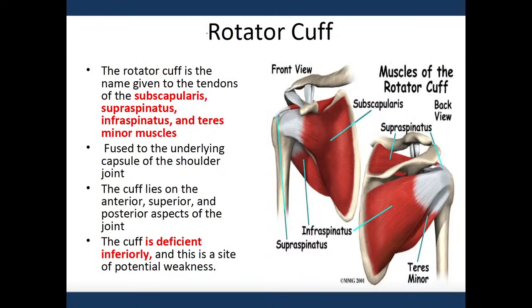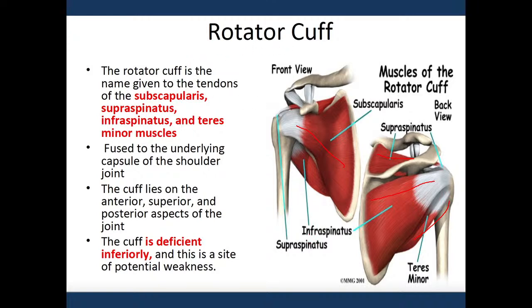When we talk about rotator cuff, we mean 4 muscles: subscapularis, the first one located on the anterior surface of the scapula, and also we call supraspinatus, infraspinatus, and teres minor the posterior part of the rotator cuff.